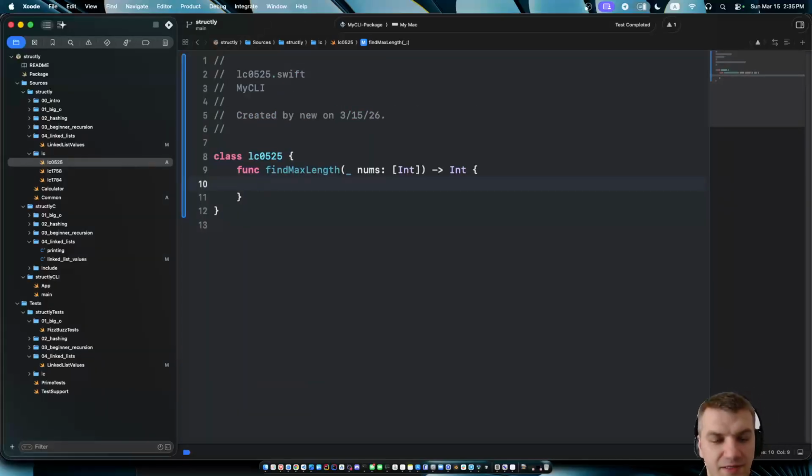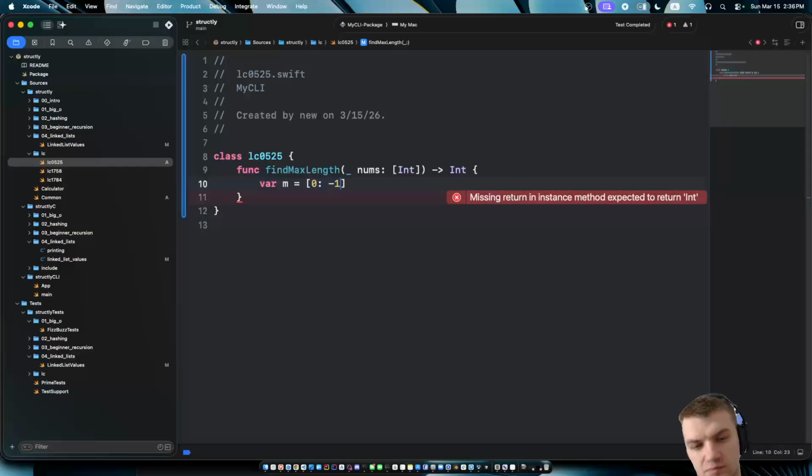So var map is equal to a dictionary, where the first value is going to be 0, and the index of it is going to be -1.